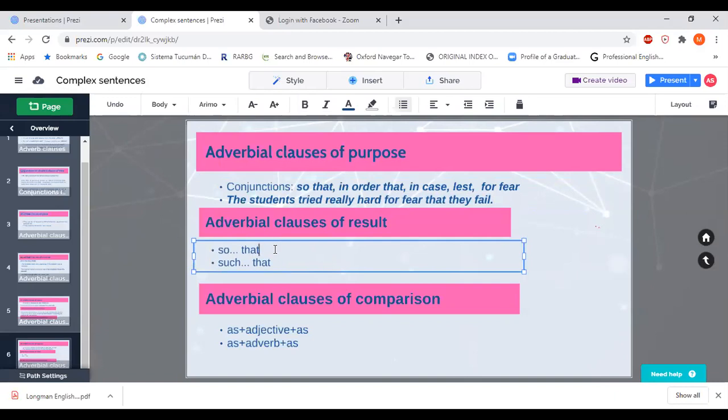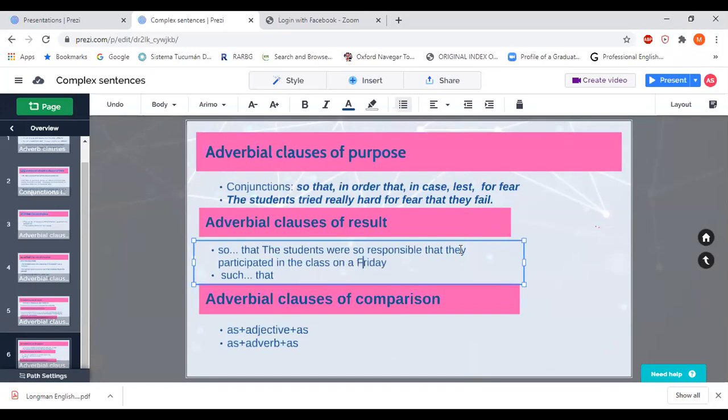Let me give you an example. The students were so responsible. They were so responsible that they participated in class on a Friday.